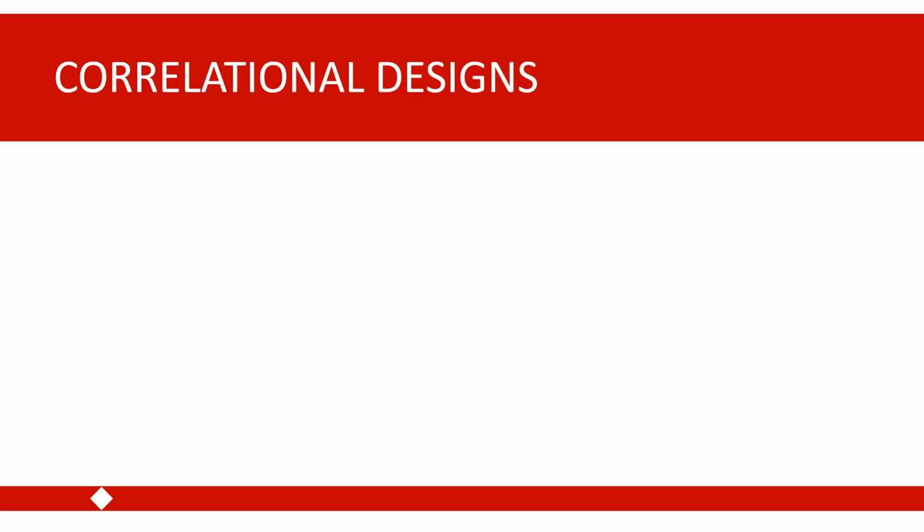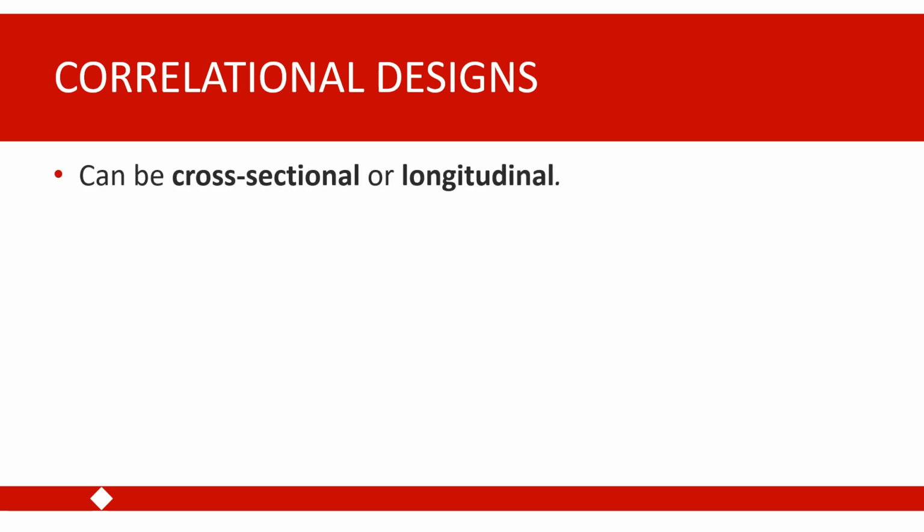There are many different kinds of research designs that fall under this broad umbrella category. One way that we can distinguish between different kinds of correlational research is based on timing. Some of our correlational studies are cross-sectional. That means that we are gathering information at a single point in time and looking at how variables are related to one another at that point in time.